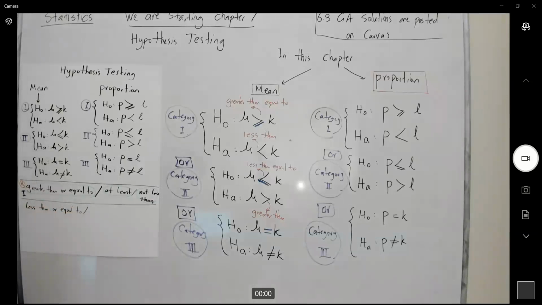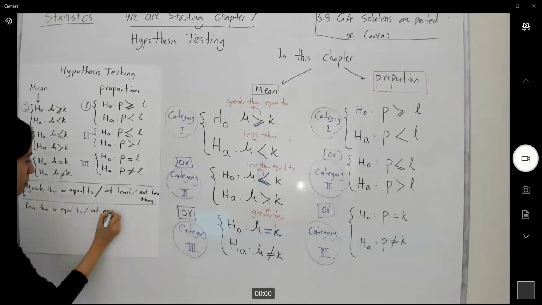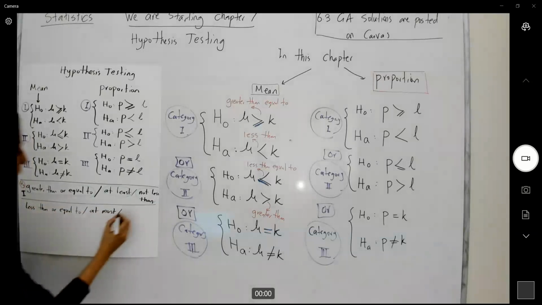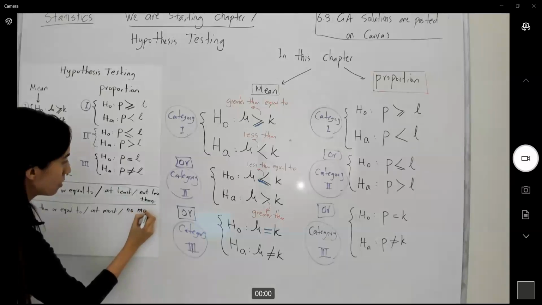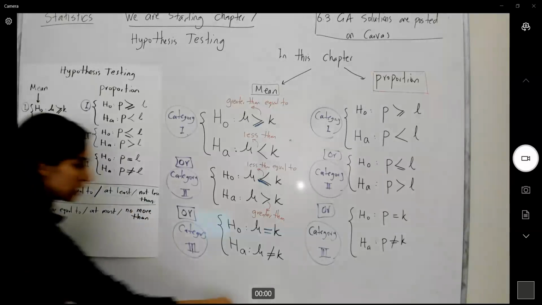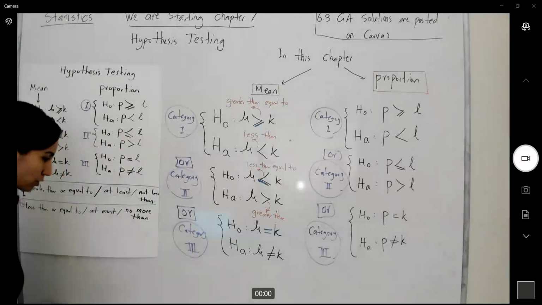If you see, for example, at most, or no more than in a question, it means that your null hypothesis in category 2 is given. Null hypothesis in the second category is given.